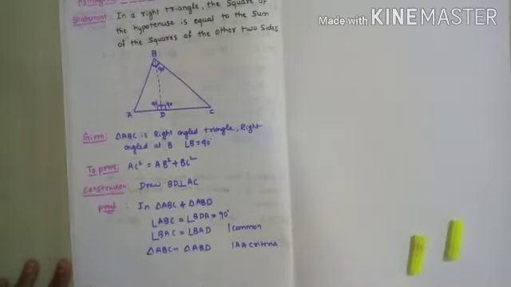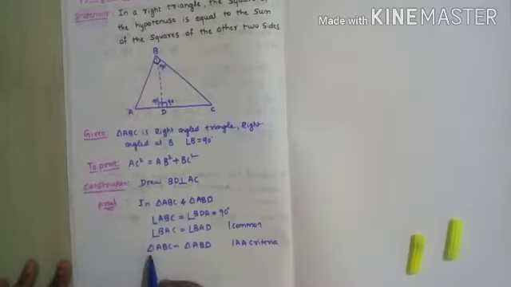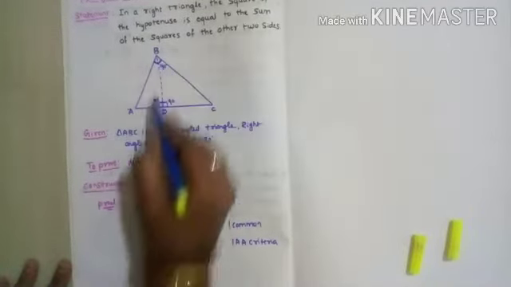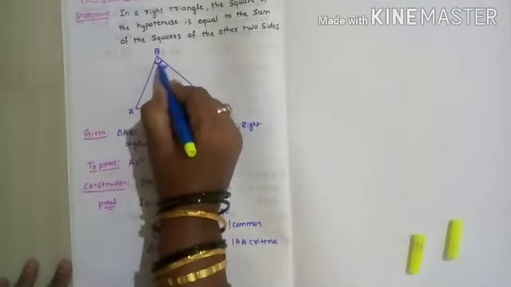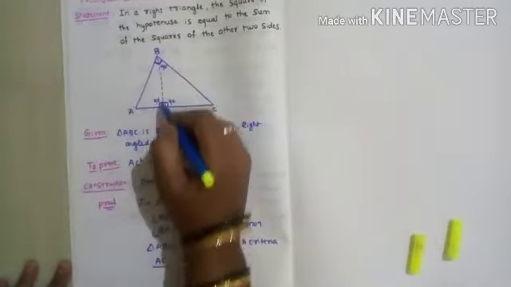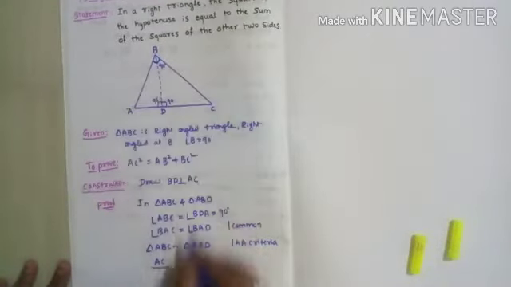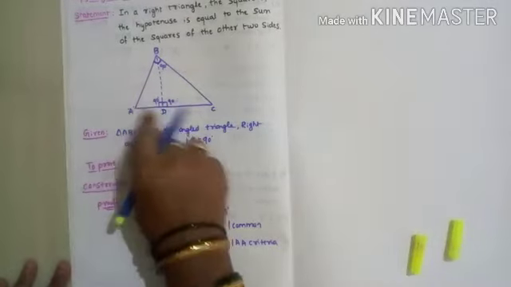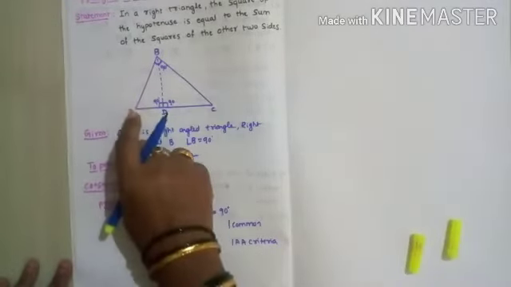Which are the two corresponding sides we have to consider here? In triangle ABC, 90 degrees here, and in triangle ABD, 90 degrees there. Opposite side of the 90 degrees is AC, divided by, in triangle ABD, opposite the 90 degrees is AB. So AC is corresponding to AB in triangle ABD.